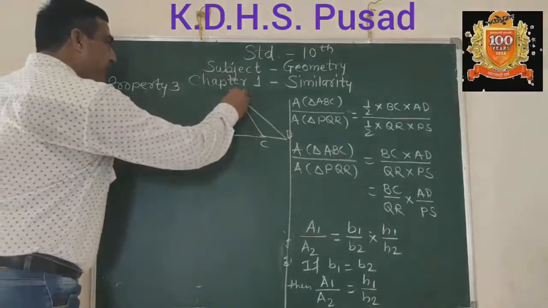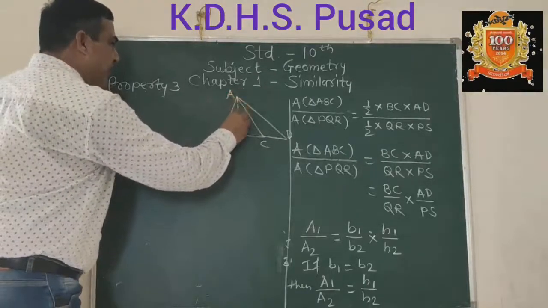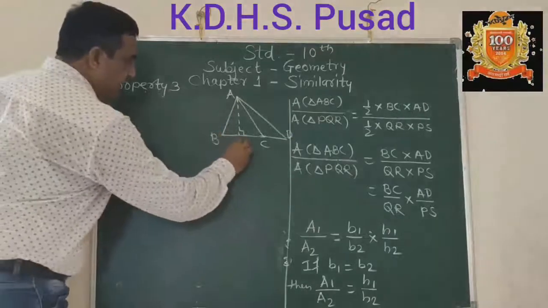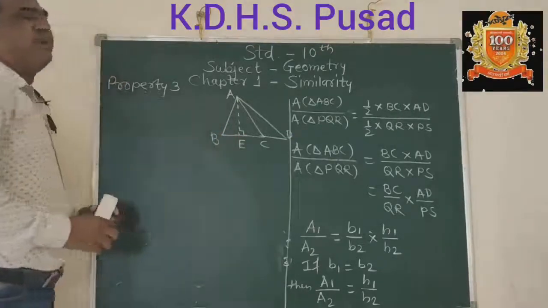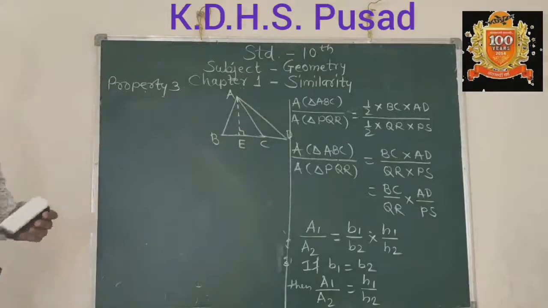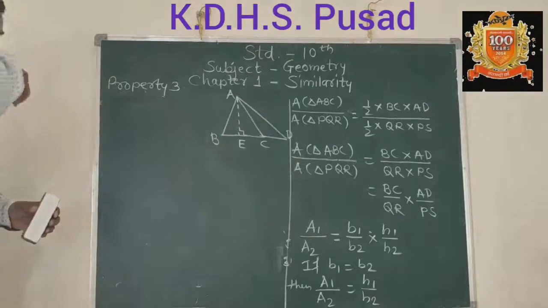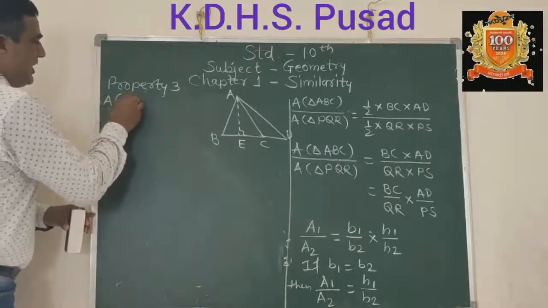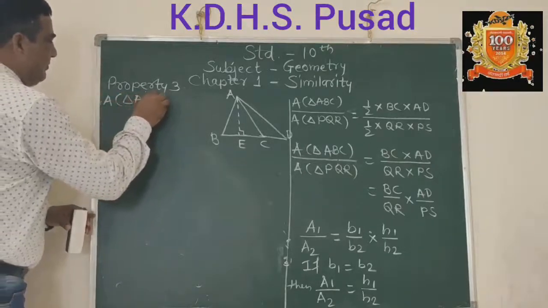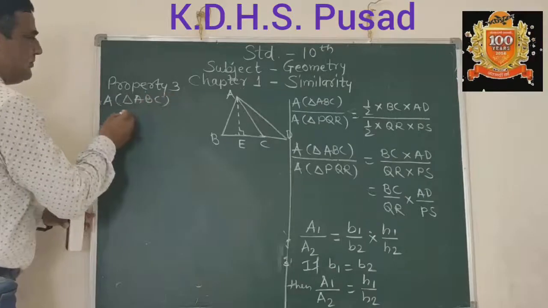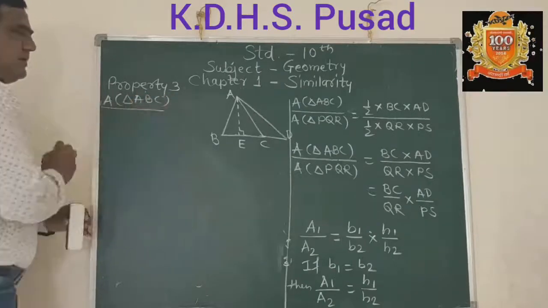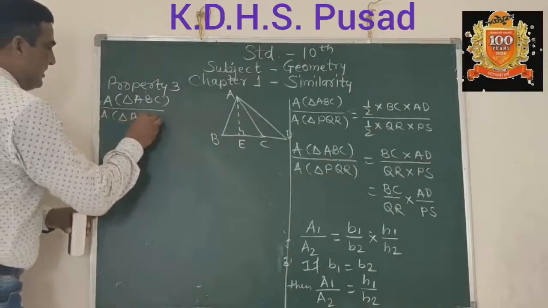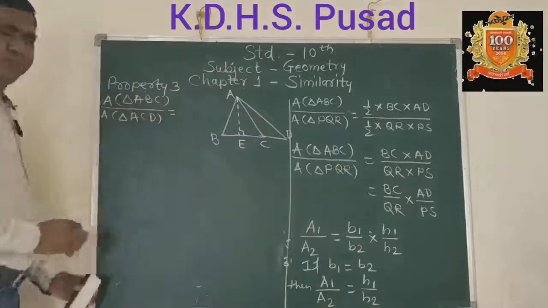Now here I am drawing a perpendicular. AE is the perpendicular. Now check your diagram. The ratio of the areas of two triangles ABC by area of triangle ACD, that I want to find.